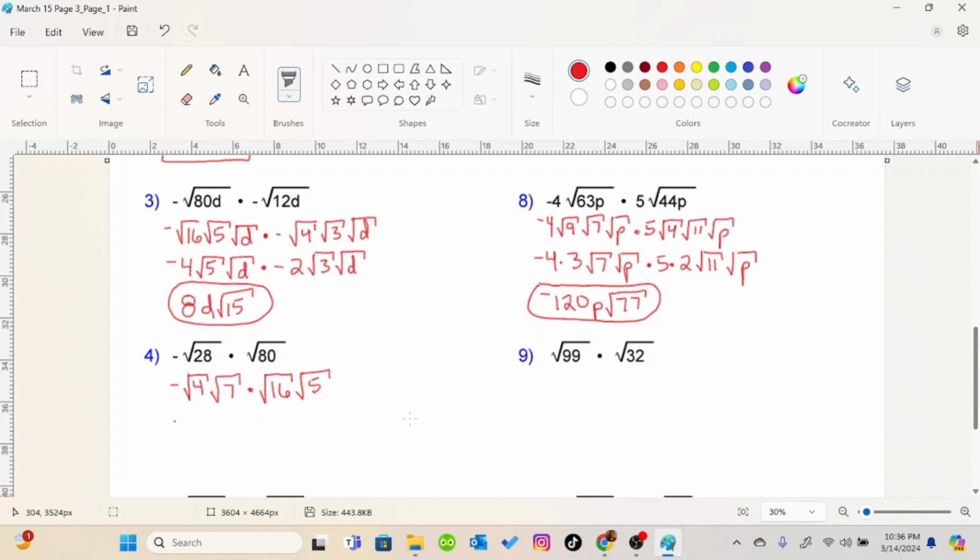The square root of 4 is 2, and the square root of 16 is 4. Negative 2 times 4 is negative 8. And the square root of 7 times the square root of 5 is the square root of 35. So our final answer is negative 8 square root of 35.